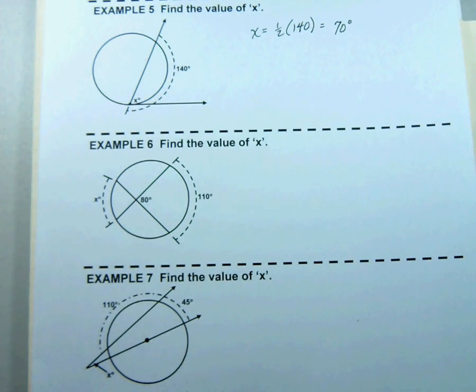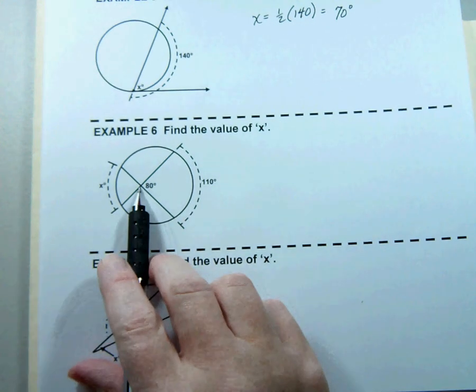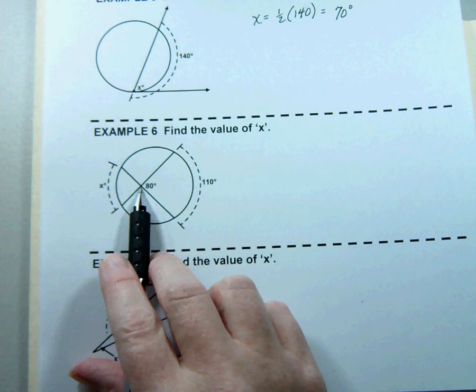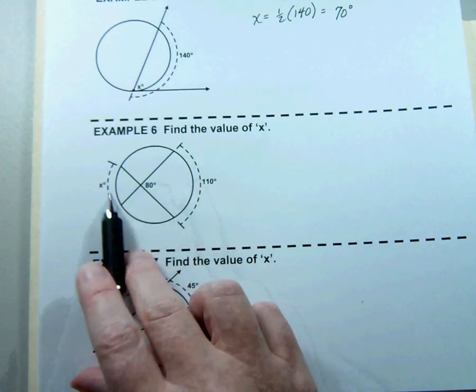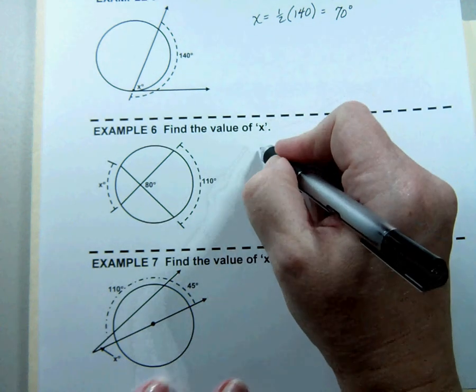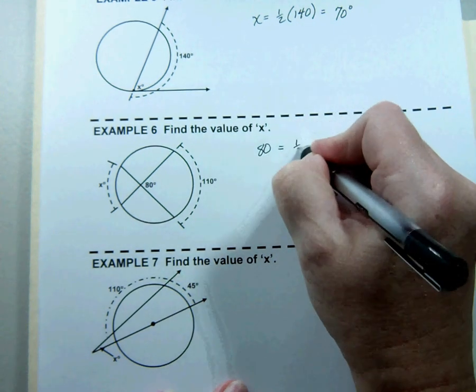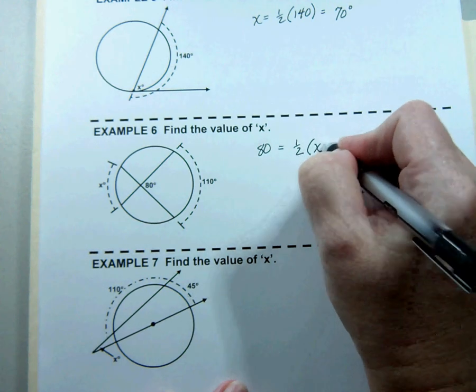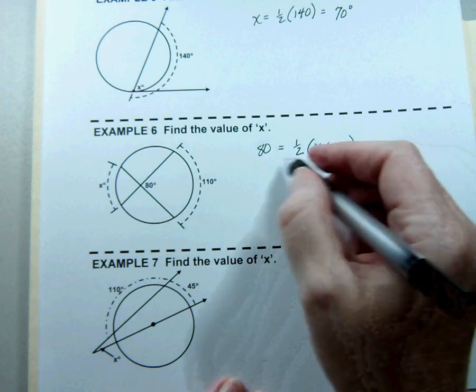Like on the next two, you're going to have to use the formula for circles where the angle right here is not in the center, so it's not half, it's not equal, it's half the sum. So to get that angle, it's half the sum of the two. Let's work this out.